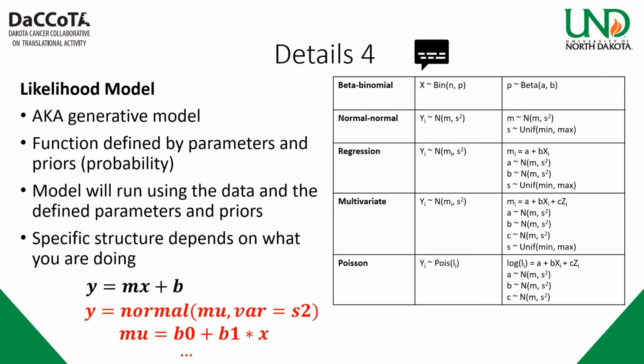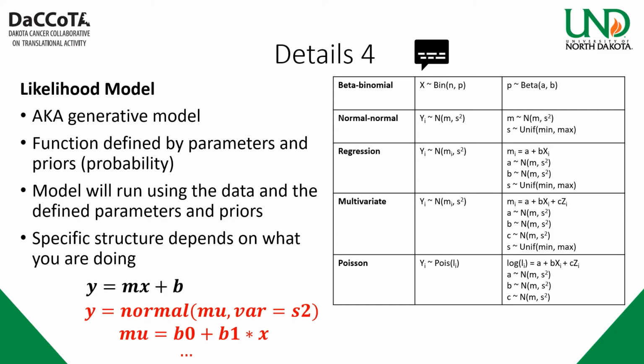And then our S here in this circumstance is a uniform distribution from min to max. Regression is similar to normal here, but then mu is this equation that looks very familiar, A plus B times x_i, and then A, B, and S all have distributions.